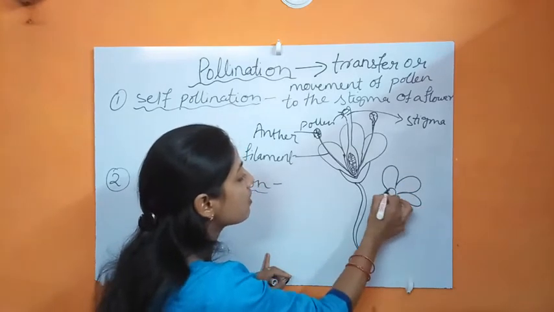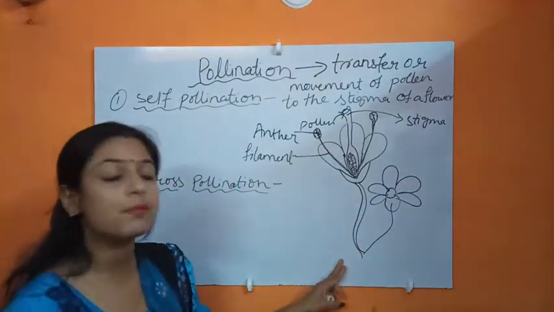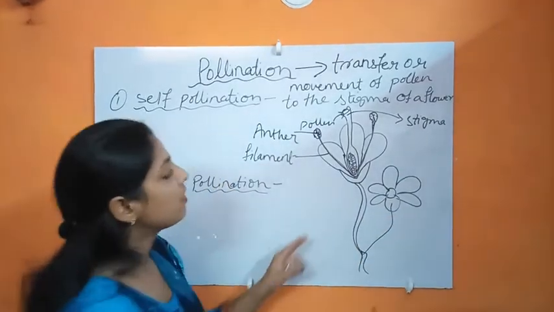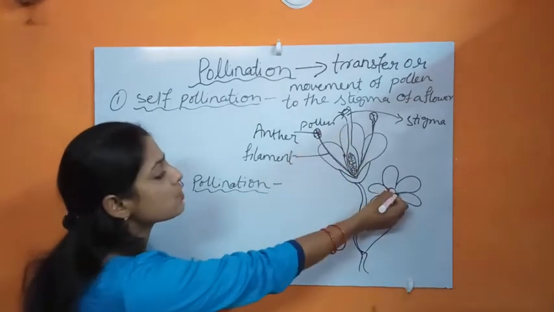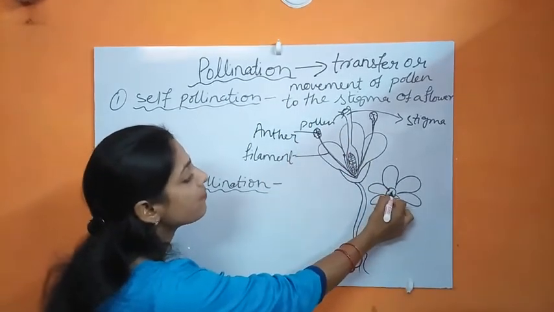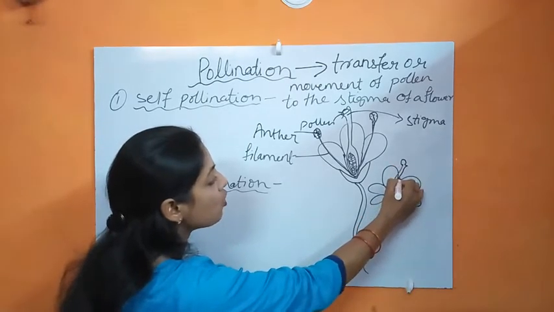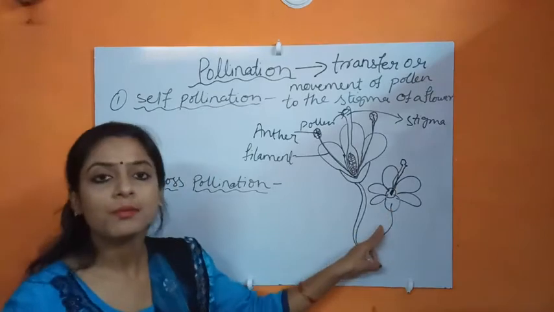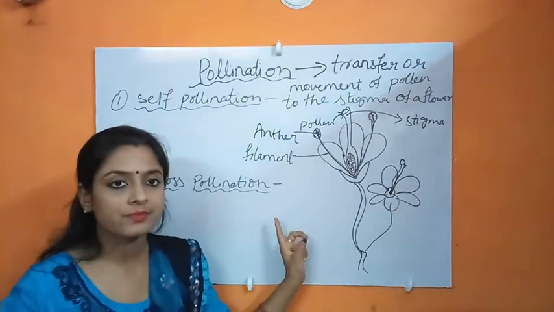The flower needs to be present on the same plant. So if this pollen gets transferred to the stigma of this flower which is present on the same plant, that will also be called self-pollination.